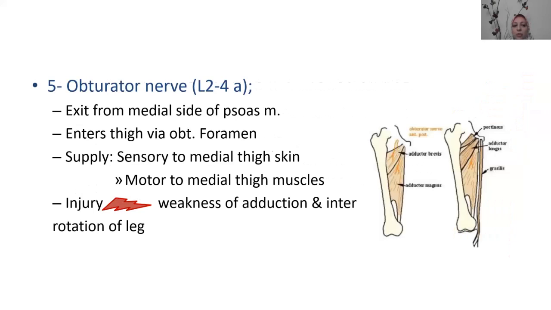The fifth nerve is the obturator nerve, derived from the anterior division of L2, 3, and 4. It exits from the medial side of the psoas muscle and enters the thigh through the obturator foramen. It supplies motor branches to the adductor muscles of the thigh, which are the adductor brevis, adductor magnus, adductor longus, and gracilis.